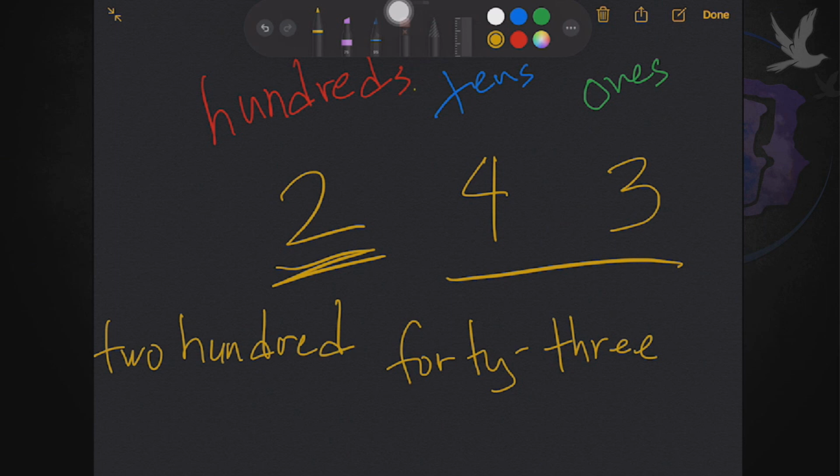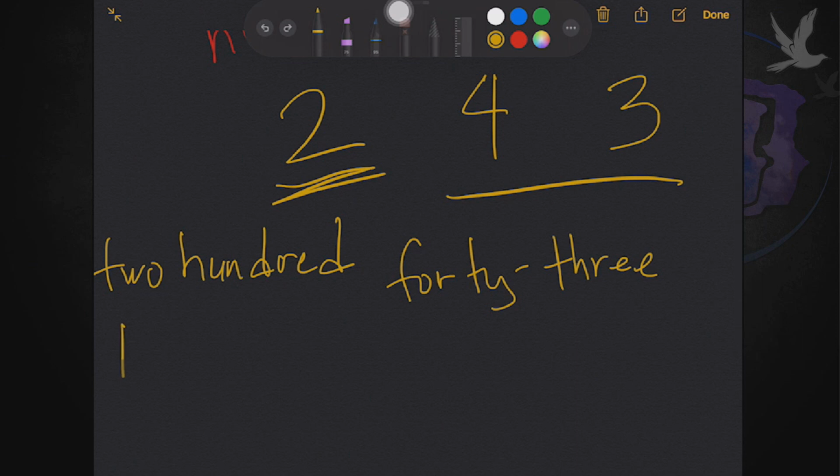Do not add the s, as this only applies to the place value. So we now have this number as 243. Or in formality again, you can write this as two hundred forty-three.